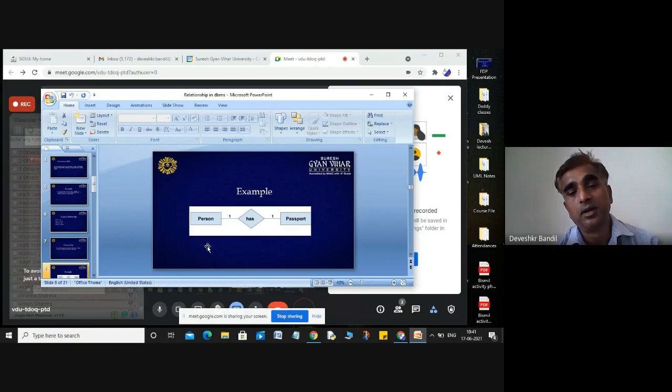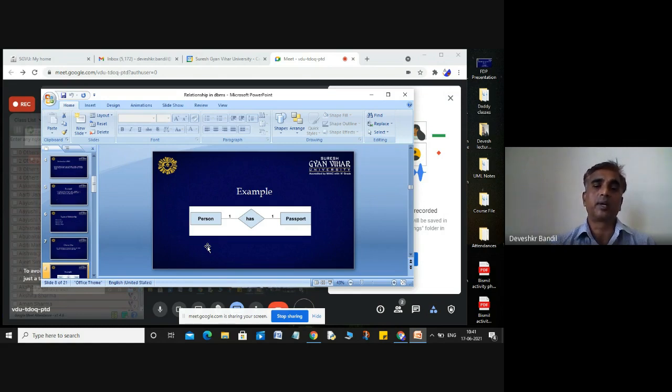Here I have taken two entities. The first entity is person, and the second entity is passport. Person is an entity and passport is an entity. That's why an entity is represented in a rectangle shape, and a relationship is always represented in a diamond shape.